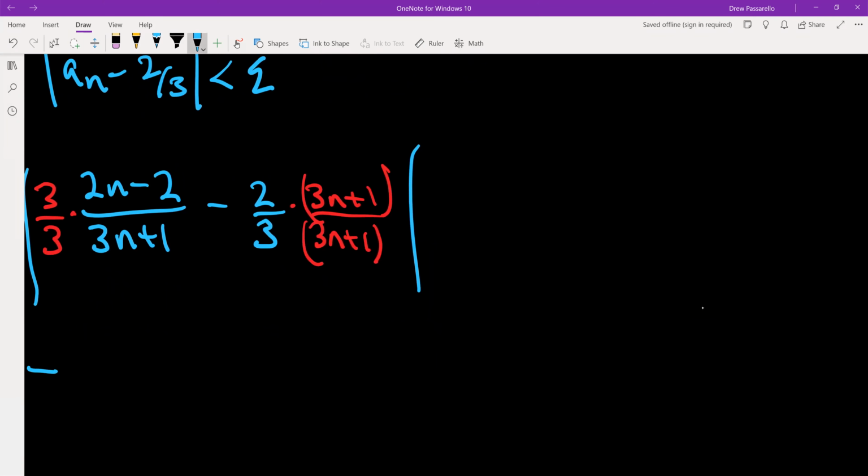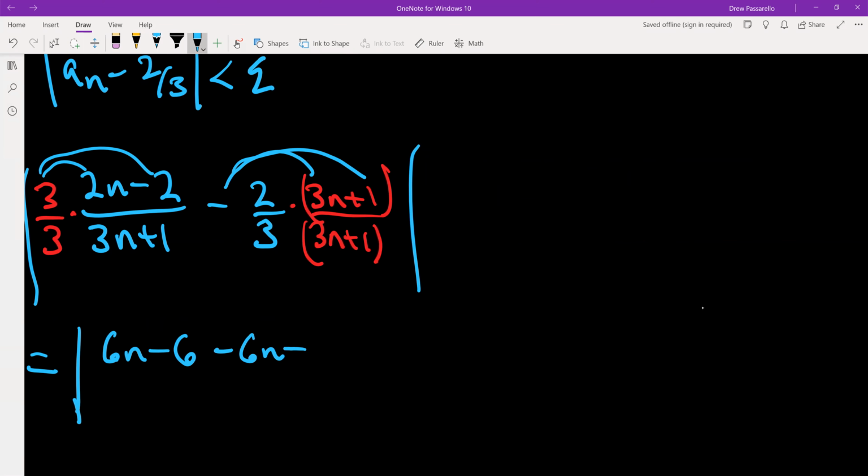So what is this going to be? You distribute the 3, that makes 6n minus 6. Distribute the minus 2, so that makes negative 6n minus 2. And all of that's divided by our common denominator of 3 times (3n plus 1).